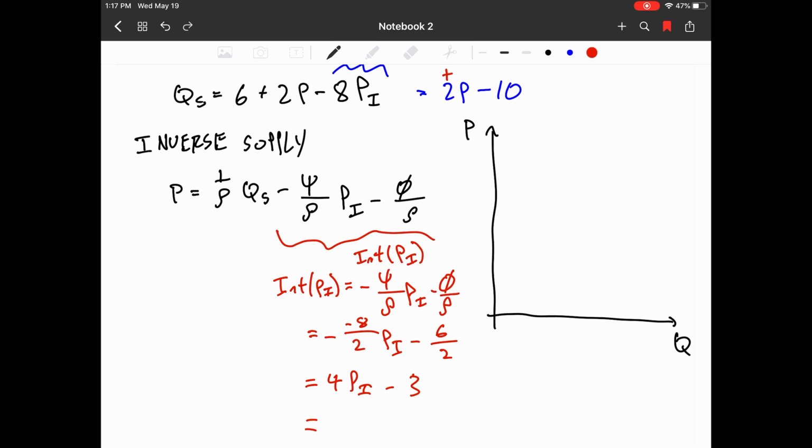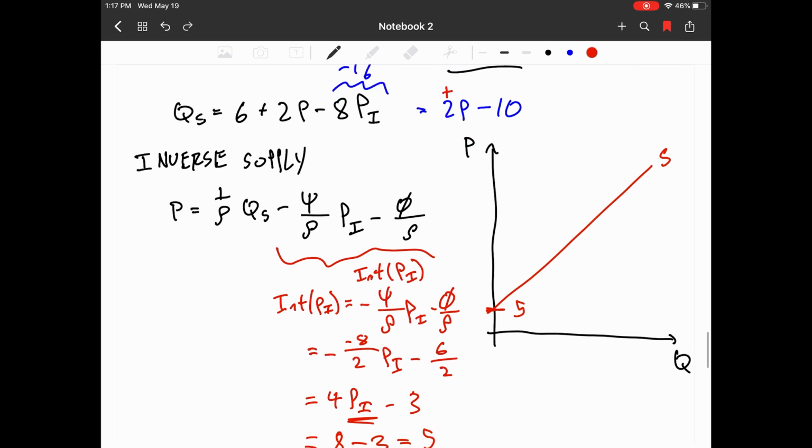But the intercept term, when we plug in 2 for our pi, that gives us 8 minus 3, which comes out to be 5. And that gives us a positive relationship here, and an intercept term of 5.